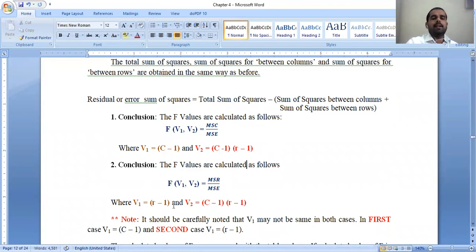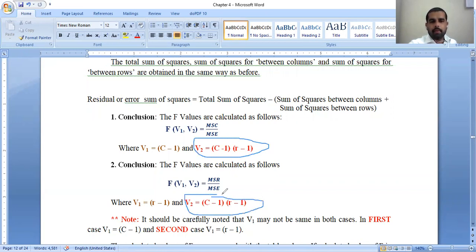In this case also, V1 is equal to R minus 1 and V2 is equal to C minus 1 into R minus 1. You observe in these two conclusions, this V2 value is common.